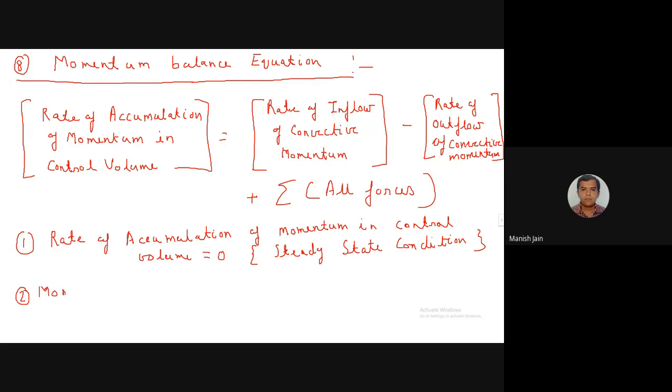So momentum flux entering in control volume by convection, that is equal to rho Vz square, then multiply by surface area.